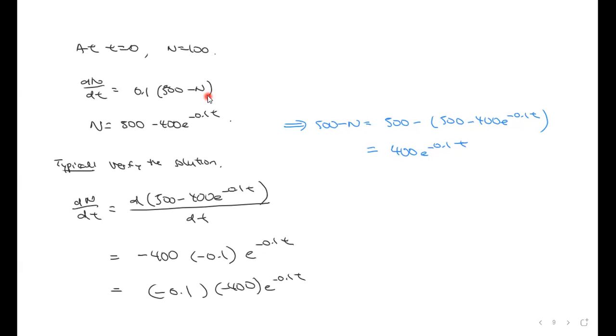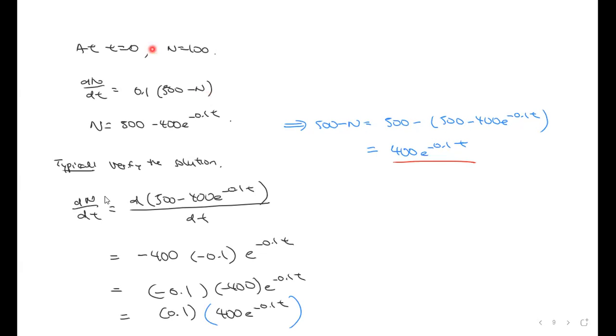So I'm basically just going to rearrange this and take the negatives and cancel them. So I'm going to get 0.1 times positive 400 e^(-0.1t). And if you take a look at this, that's the same thing as that.